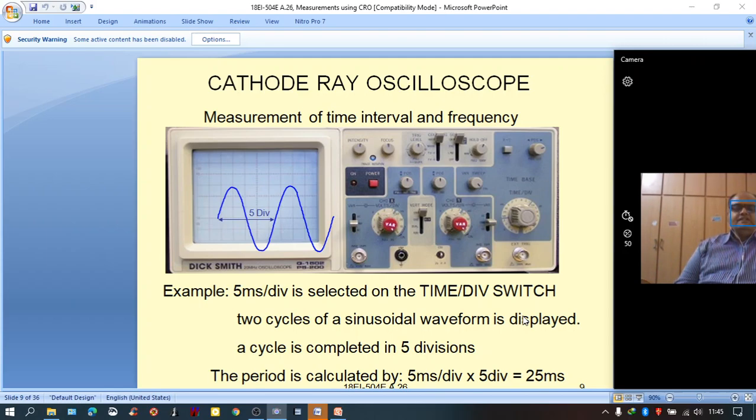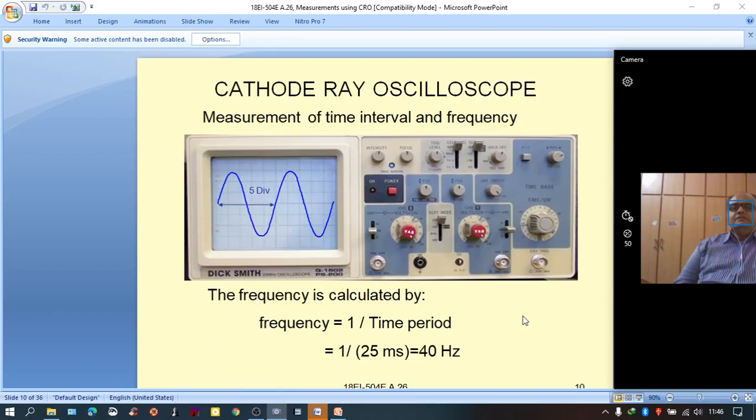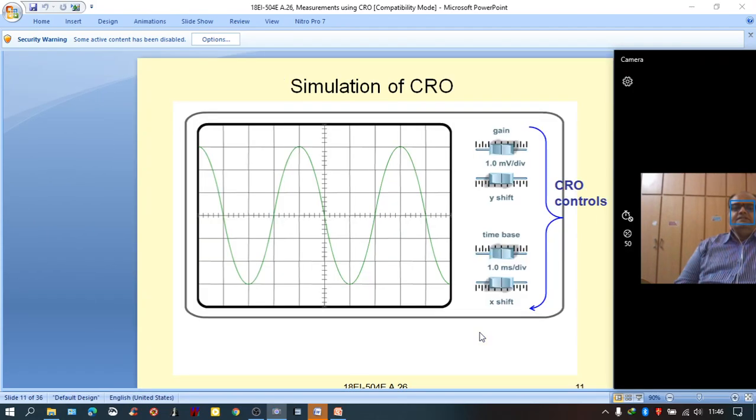Frequency is 1 by time period, that is 1 by 25 into 10 power minus 3, or 10 power 3 by 25, or 1000 by 25, that is equal to 40. So the frequency of the AC input signal is 40 Hertz. That is 40 Hertz. This we already discussed.